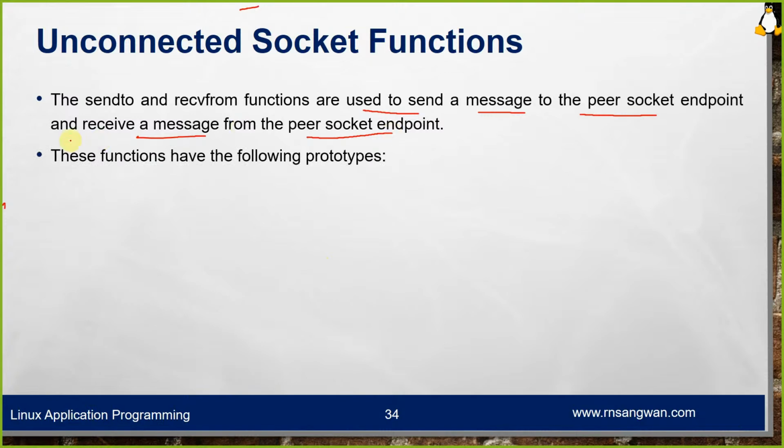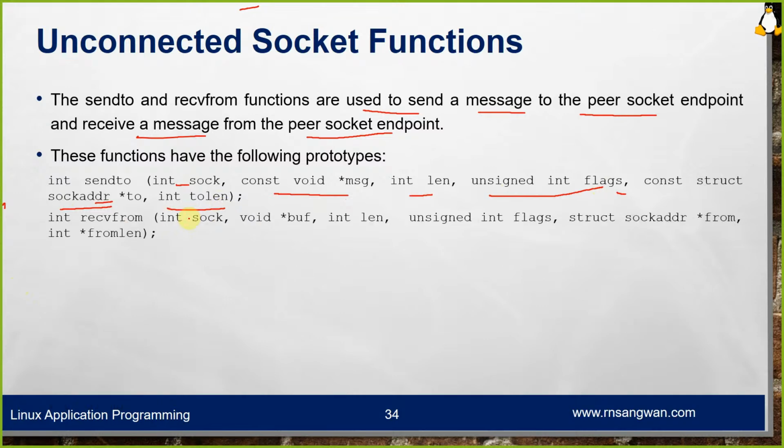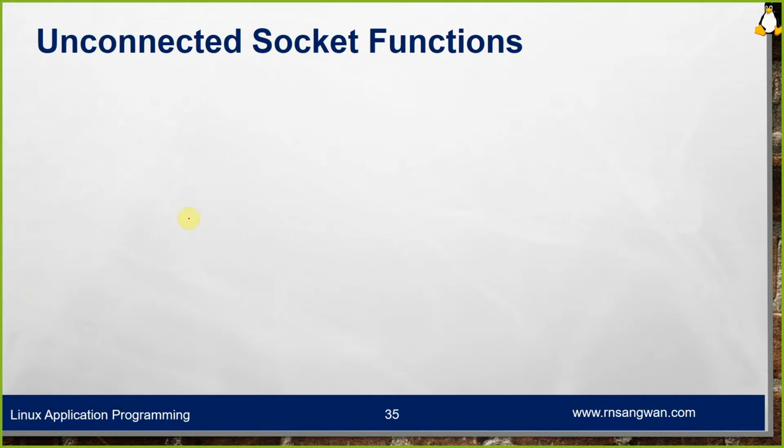These functions have these prototypes: sendto, the socket name, void pointer type message, length, unsigned flags, constant struct sockaddr pointer to, and integer to length, and recvfrom has a similar prototype.